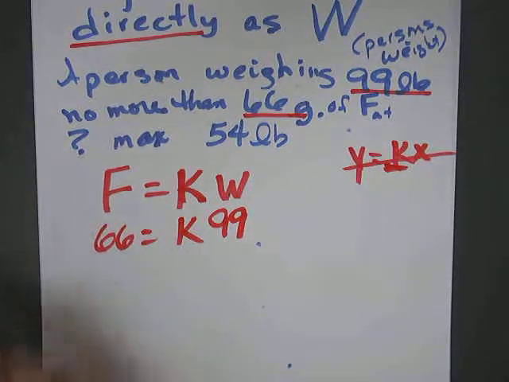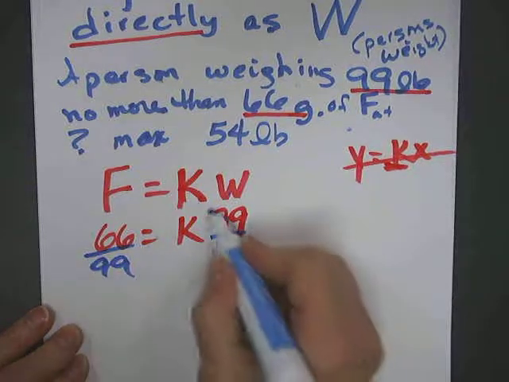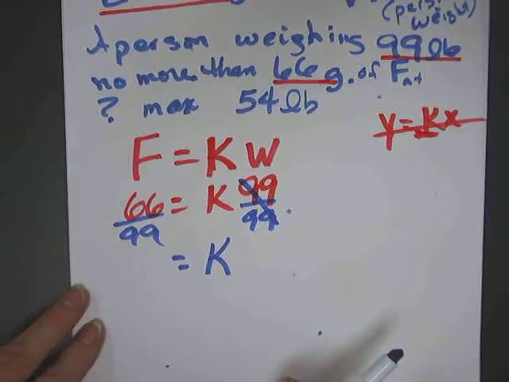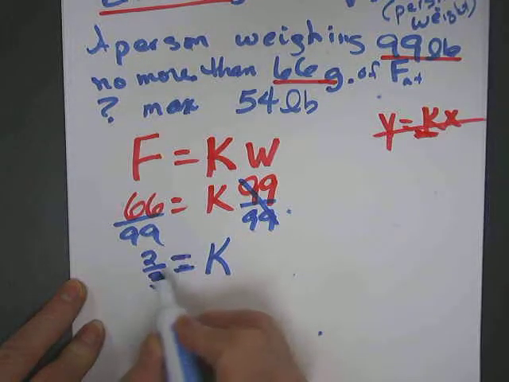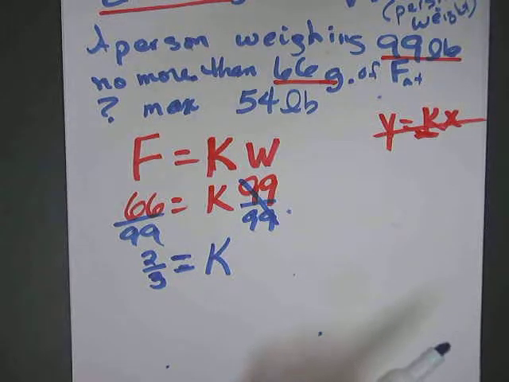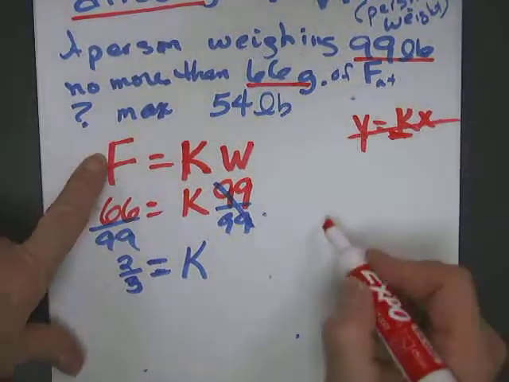That would be your F, right? So what is the maximum for somebody weighing 54 pounds? So there's our problem set up. Well, it's not set up, that's our problem handed to us. We need to set it up.